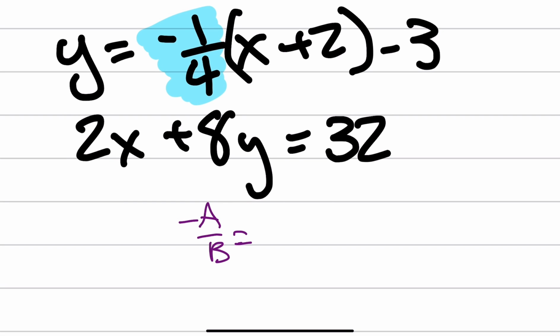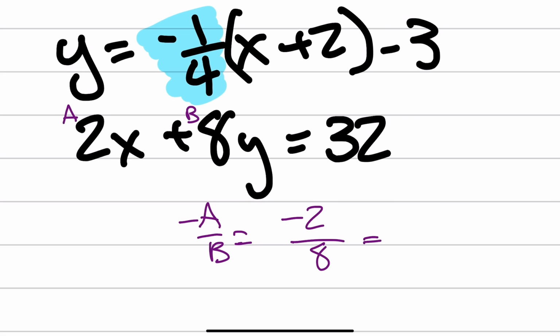Well, our A is 2, our B is 8, so we got opposite 2, so that's going to be a negative 2, over B, our B is 8, and this can be reduced though.